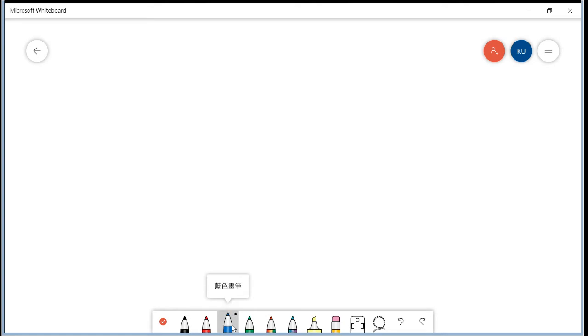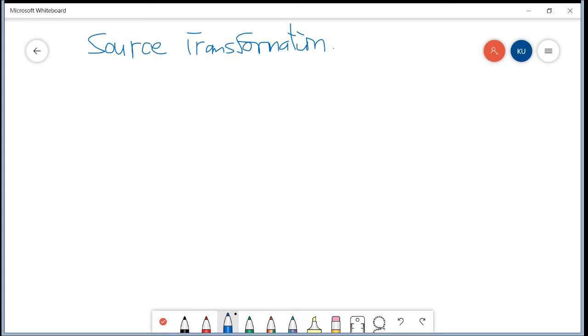So in this part, first I will introduce something called source transformation. Actually there are two types of equivalent circuit.